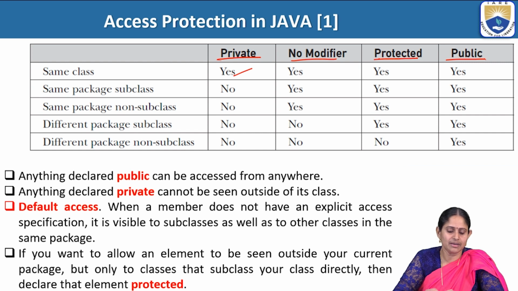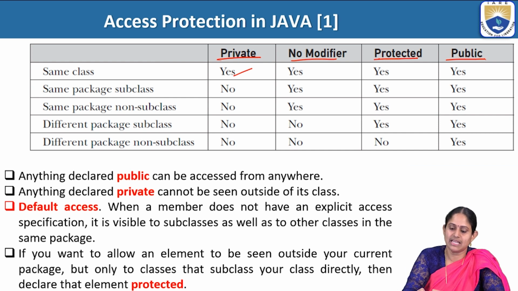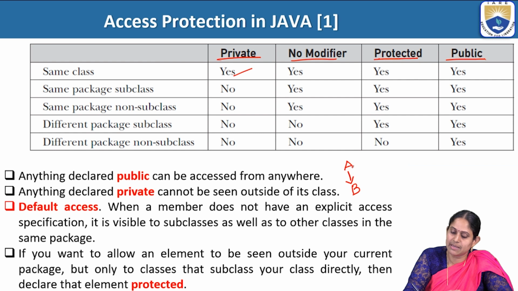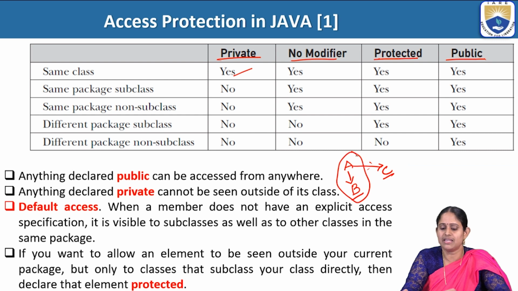And if you define any member as protected, then this protected variable mainly comes into play in inheritance. If there is a parent class and a child class present in the same package and outside the package, say A and B are in one package, whereas C is in a different package.